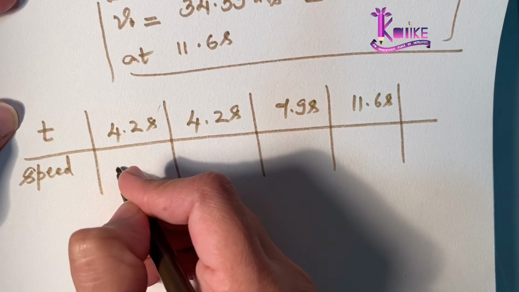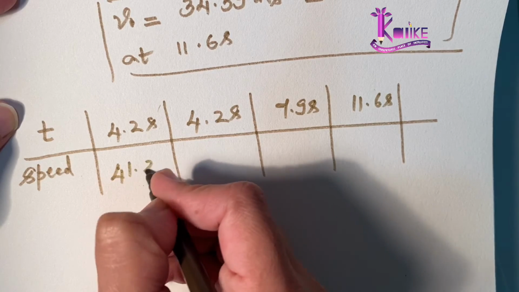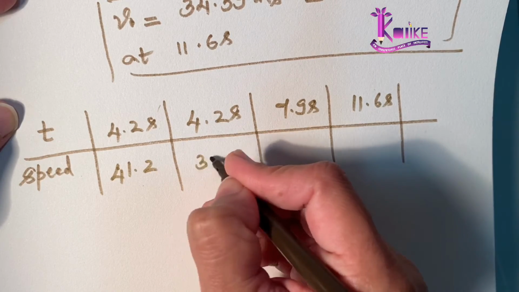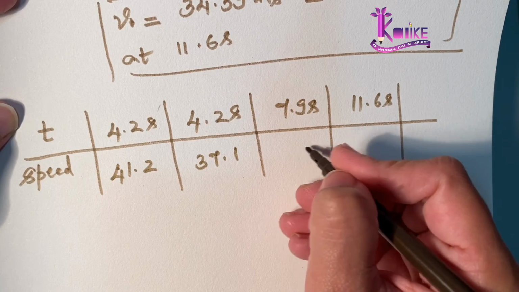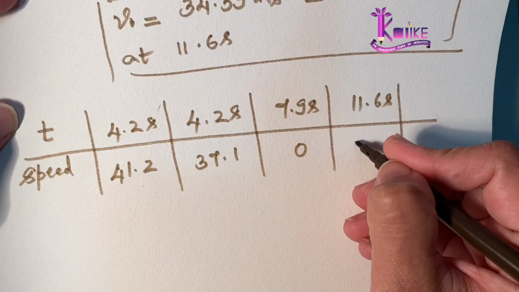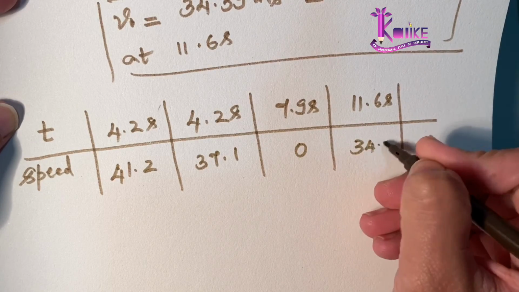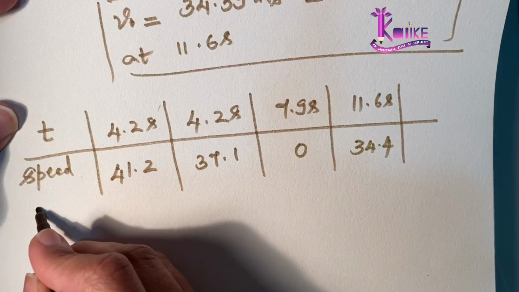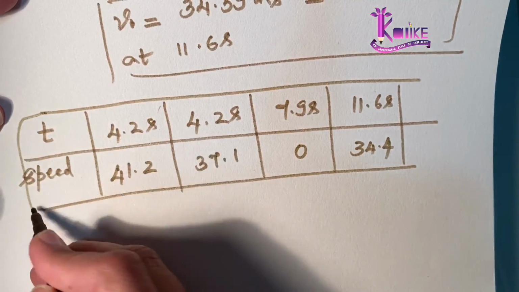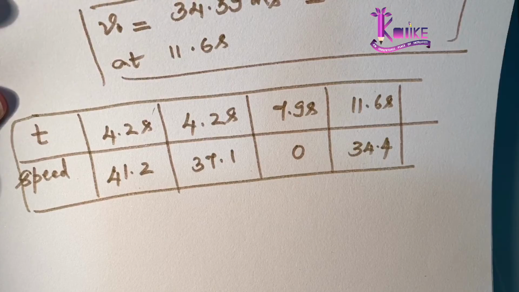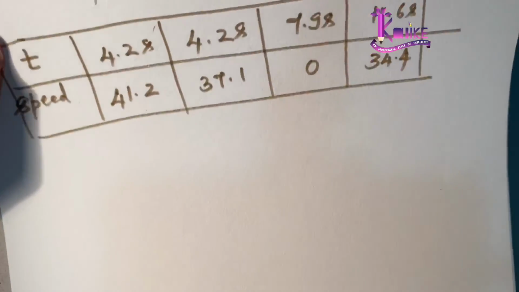So at 4.2 we have found out it is 41.2, and this is 37.1, this is 0, and this is 34.4. So this is the information you have. Using this, you can easily draw your graph.